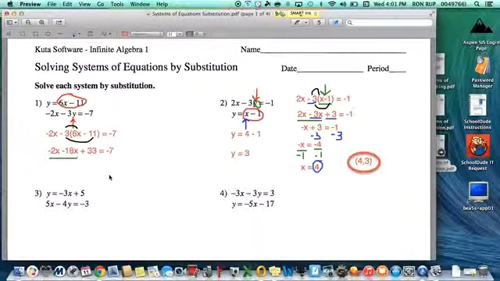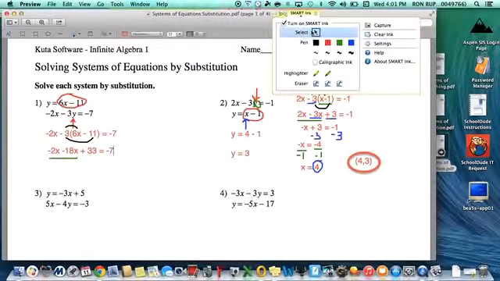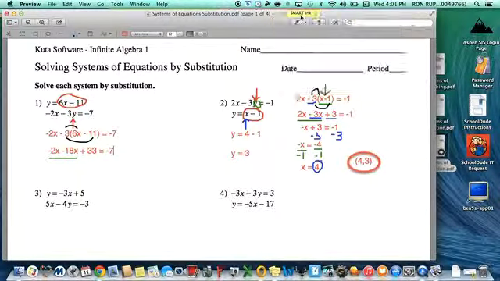We can combine them. That's no different than saying negative 2 minus 18. We could just combine them that easily because they're like terms on the same side of the equal sign. And so we're just going to do that. Again, negative 2 minus 18 is going to give me negative 20x plus 33 equals negative 7.